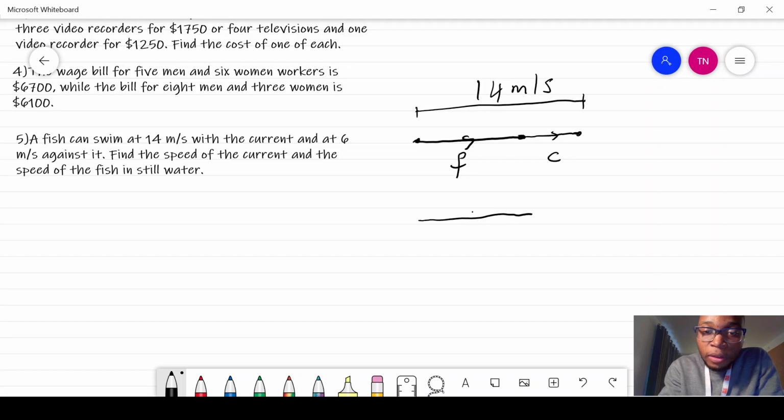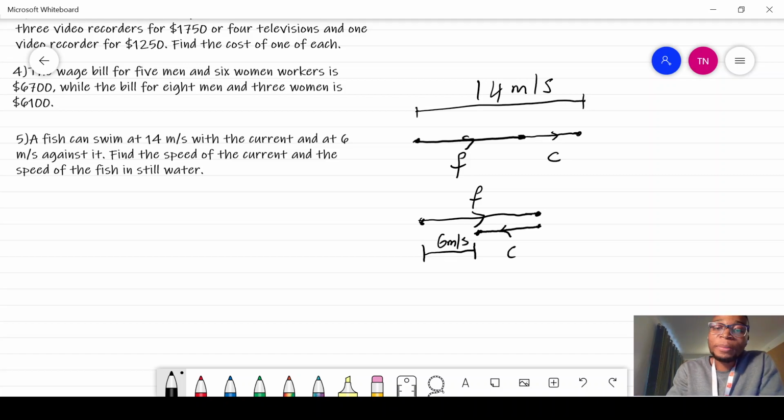The velocity of the fish is still the same as in the first one, but now it's going against the current, so the current is a vector going in the opposite direction. It's still that c that we had there. So we still have f and c, and the difference here is going to be 6 meters per second.